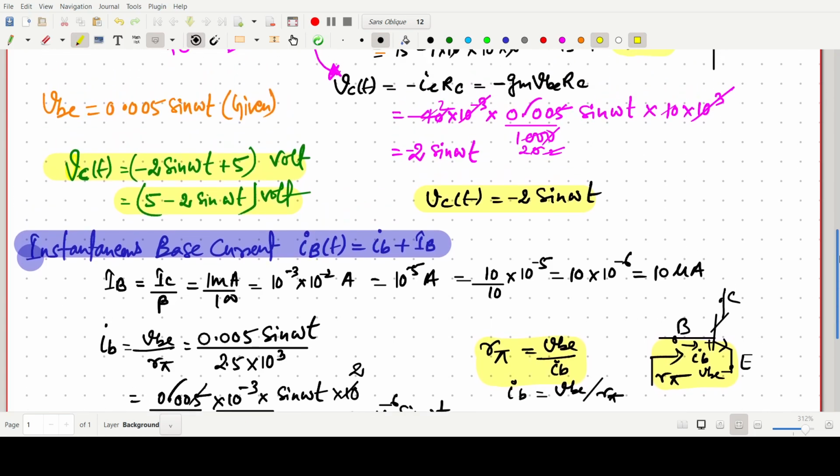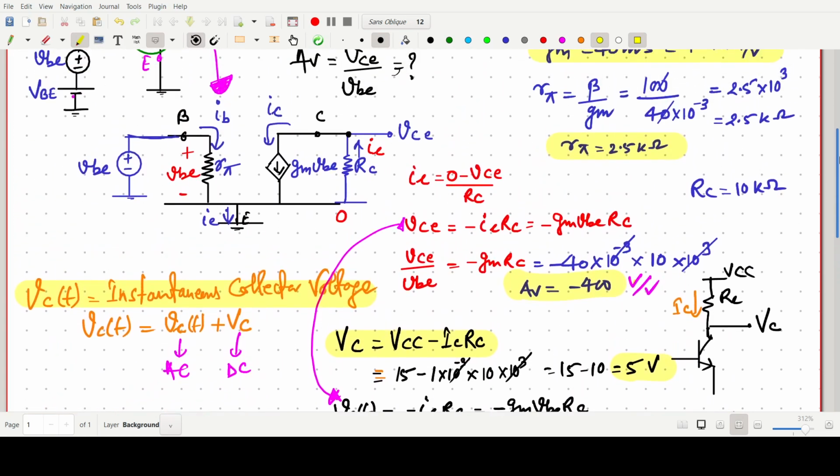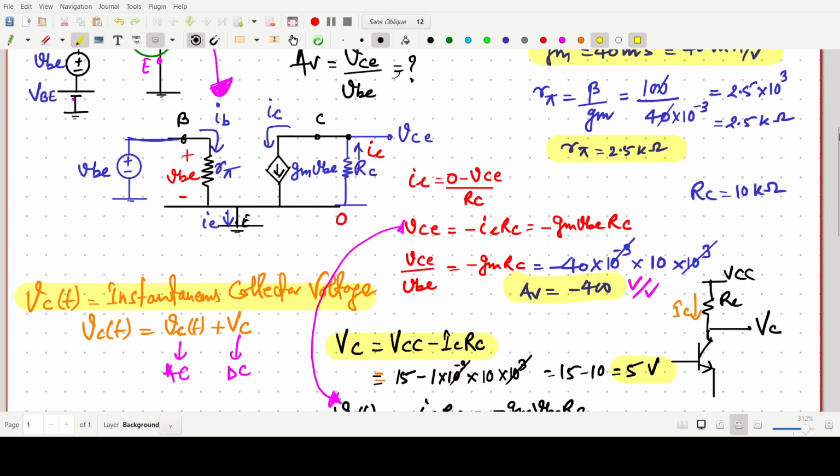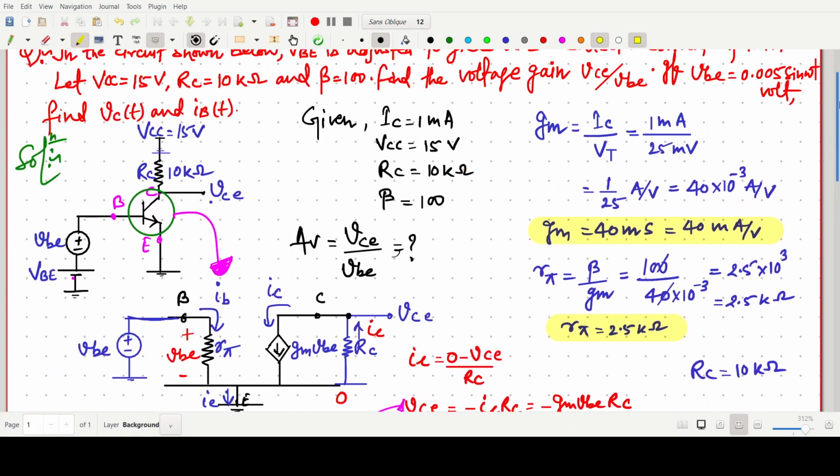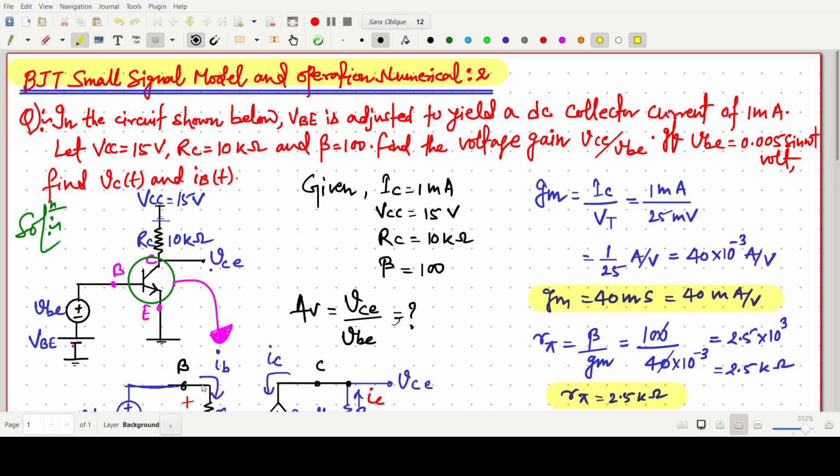So like that you can solve this problem. But you have to be very careful about the r pi model, and why I am drawing this diagram with small signal representation, small i, small b, small c, and so on.